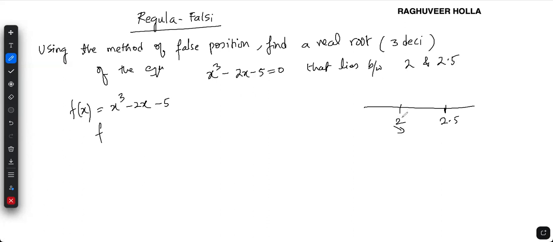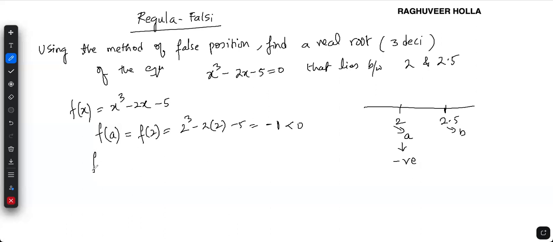Let us keep this as the first root, which is a, and this is the second root, which is b. So f of a, which is f of 2: 2 cubed minus 2 into 2 minus 5 gives us minus 1, less than 0. As you see, this is a negative sign.